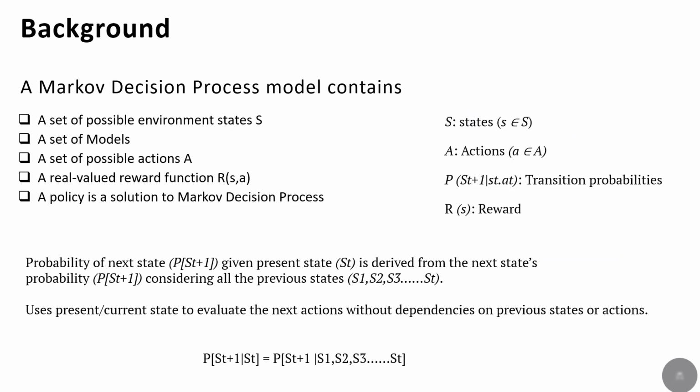The reinforcement learning follows the Markov decision process. It's a probabilistic concept where there are a set of possible environment states, then there are a set of models, there are a set of possible actions that can result from a given policy, then there are rewards.